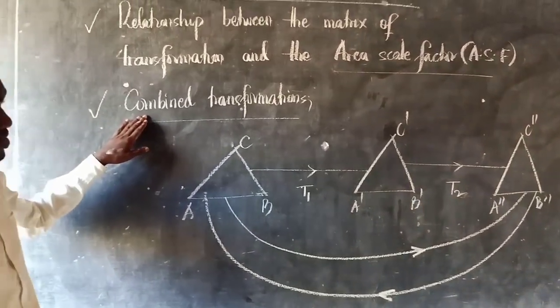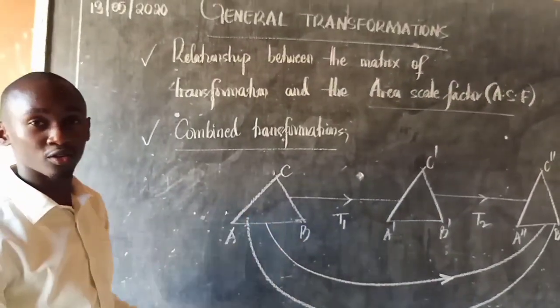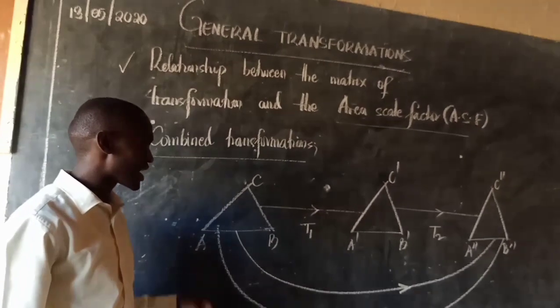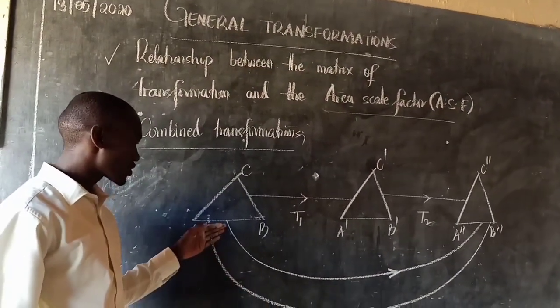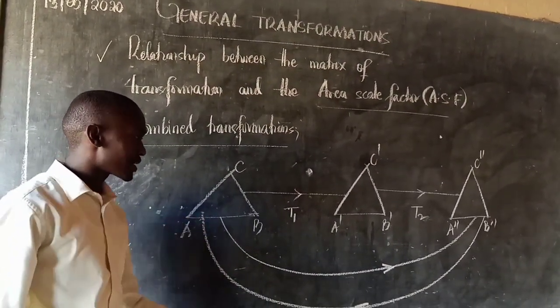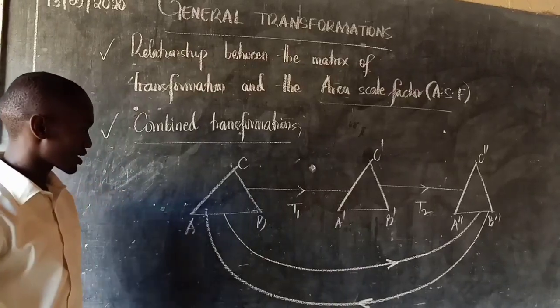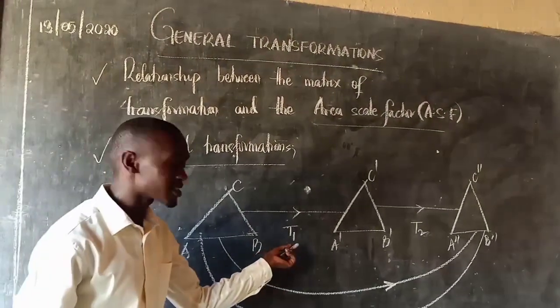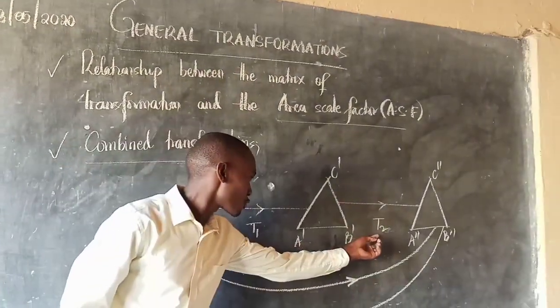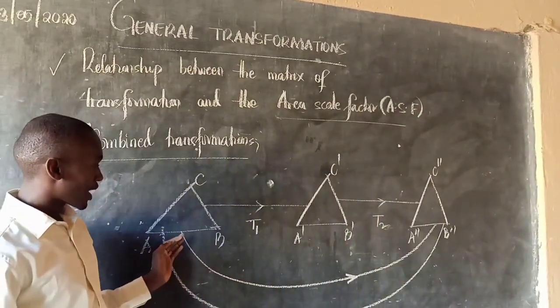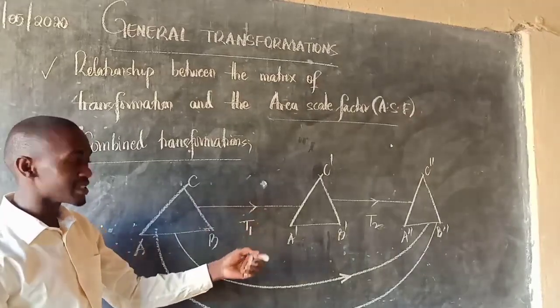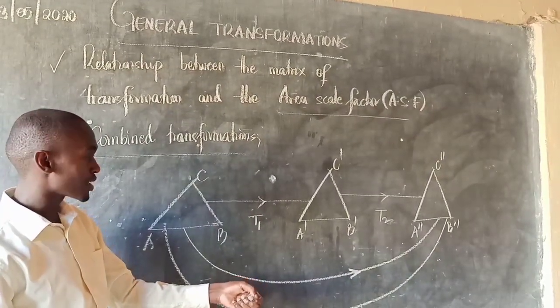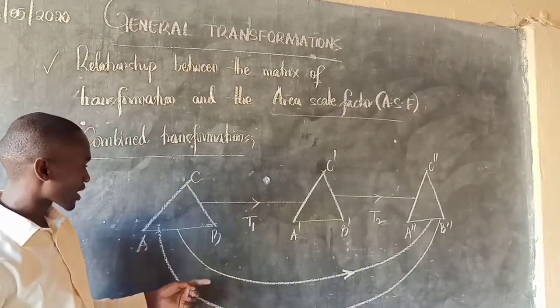A combined transformation is where you're asked as a student to find a single matrix that maps you from the object directly onto the second image. And I want to mention that the matrices T1 and T2 map us from the object to the second image this way. I want to bring in the special terminologies.